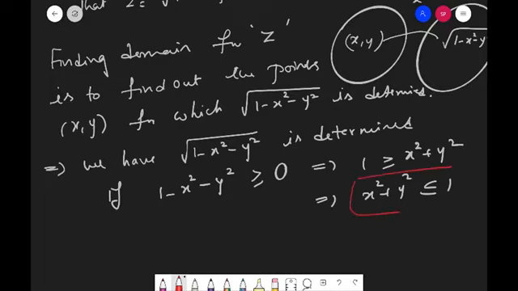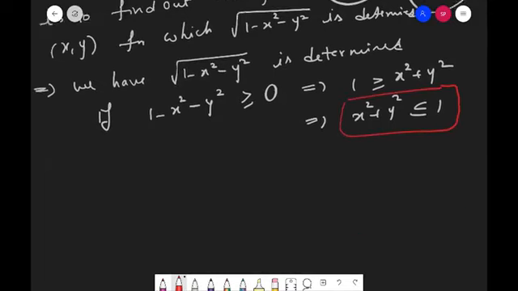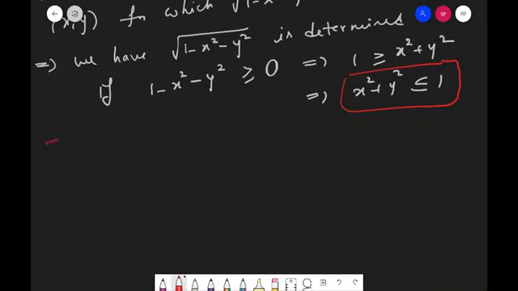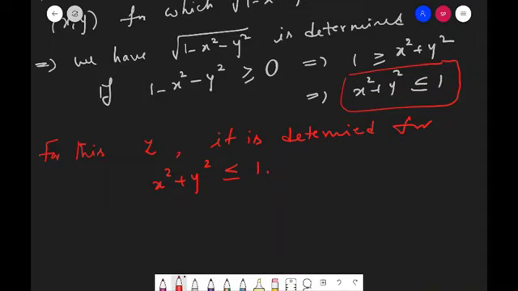What do you mean by that? For this function z, it is determined for x square plus y square less than or equal to 1.